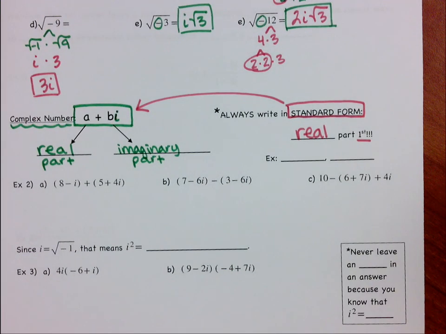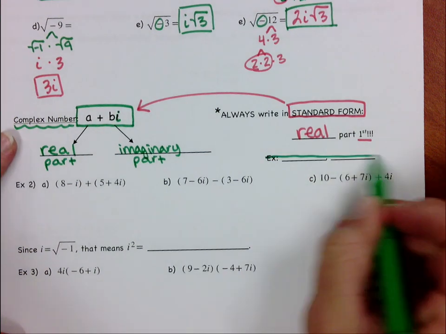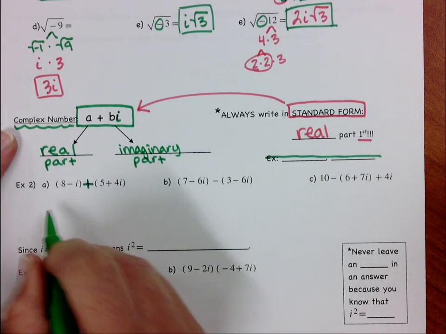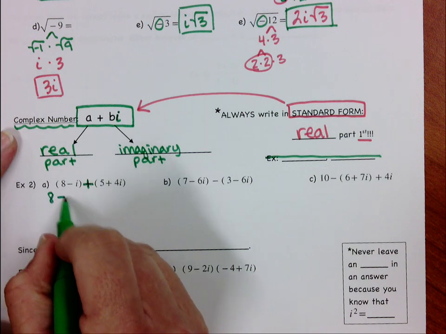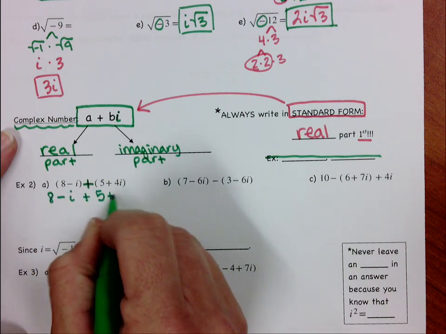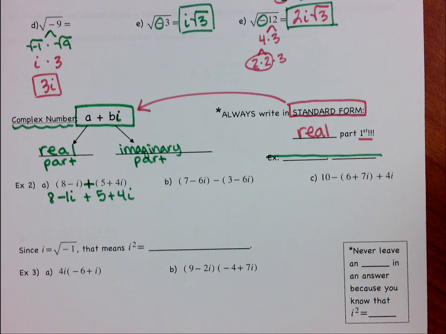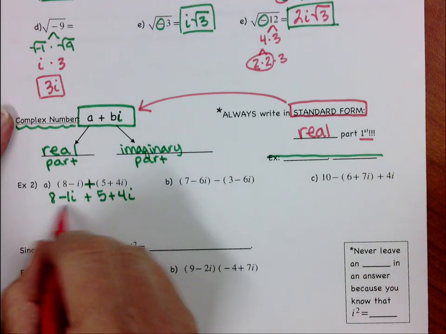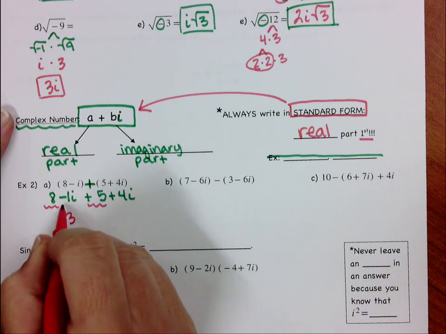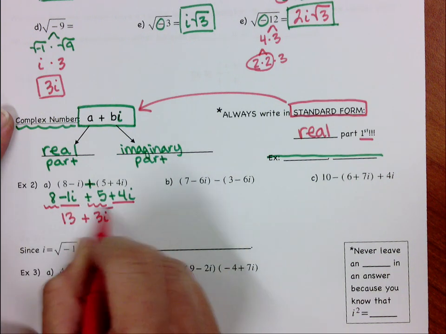All right, so for example 2, it's adding, so we're just going to do 8 minus i plus 5 plus 4i. That's really it. Combine your like terms. Do the real part first. 8 plus 5 is 13. Negative 1 plus 4 is a positive 3i.